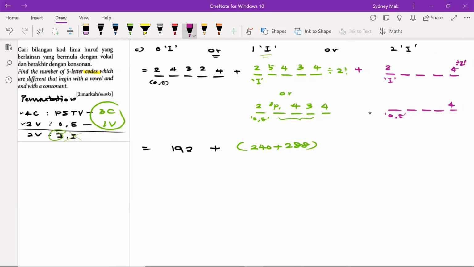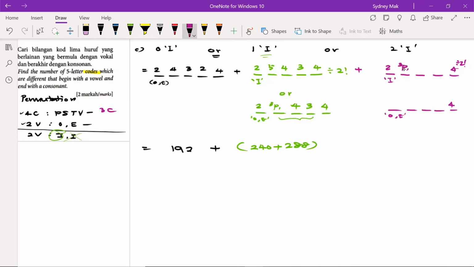Now, since one of the I's has already been put into the first empty slot, we're left with the remaining 3 empty spaces for us to put our next I. So that would be 3P1. So 4 consonants, 1 already chosen, left with 3 consonants.